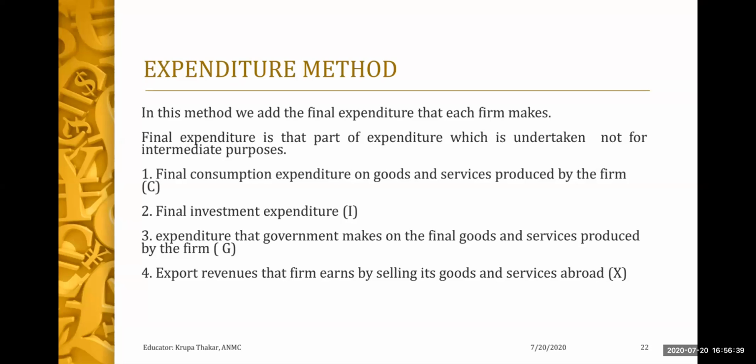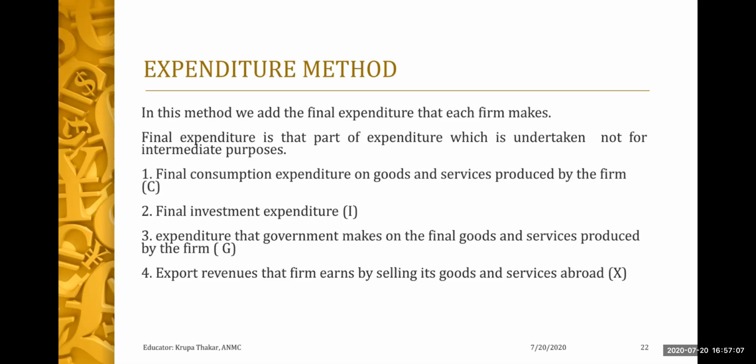We are going to spend on consumption. So the first thing we take up is consumption expenditure on goods and services which are produced by the firm, and consumption expenditure is denoted with the term C. The second thing is final investment expenditure, which is denoted by I.